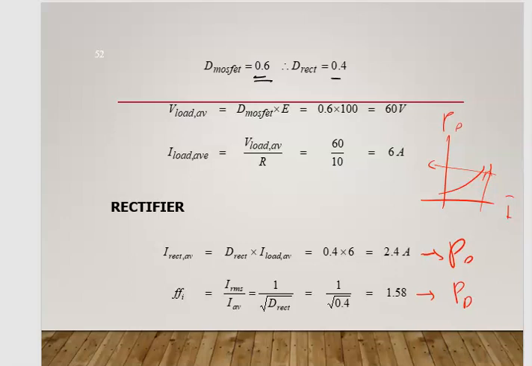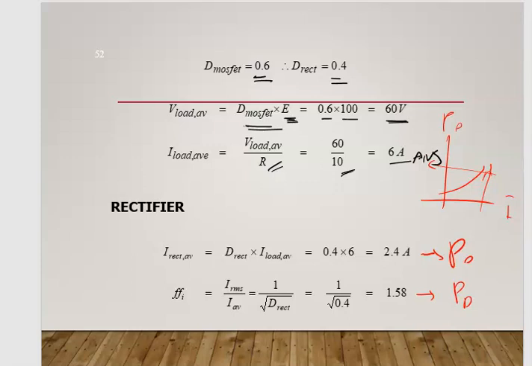The other 40% it will flow into our rectifier. So the average MOSFET voltage will be the duty cycle times the total voltage applied to the system. 0.6 times 100 means the average voltage will be 60 volts. And V average divided by R, you get 6 ampere of average current.